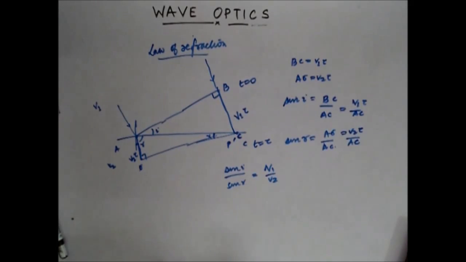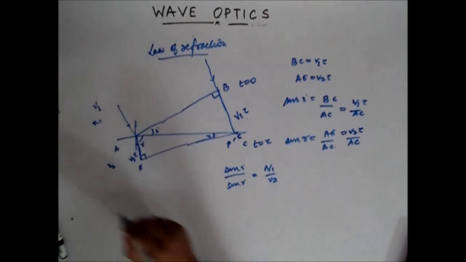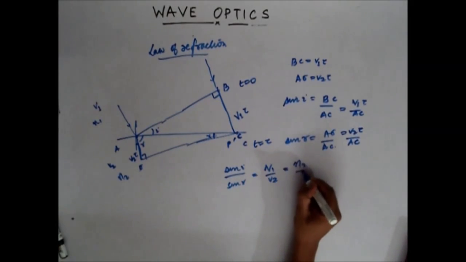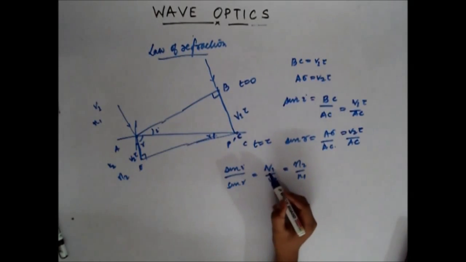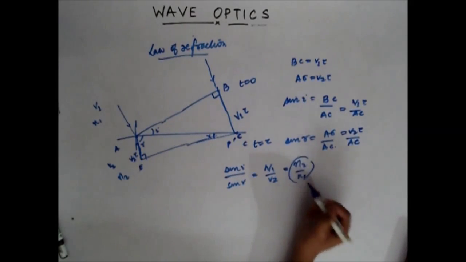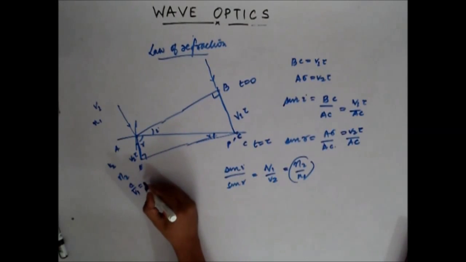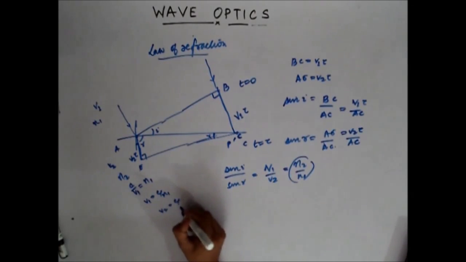Now, we had discussed in geometric optics that if the refractive index of this medium is n1 and the refractive index of this medium is n2, this I can write as n2 by n1, because c by v1 is n1, so v1 is c by n1, similarly v2 is c by n2.